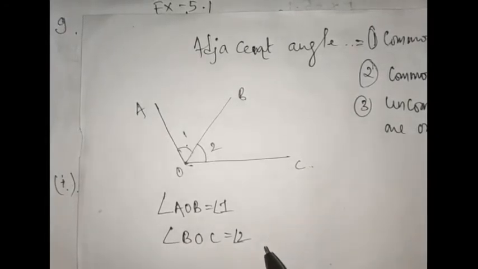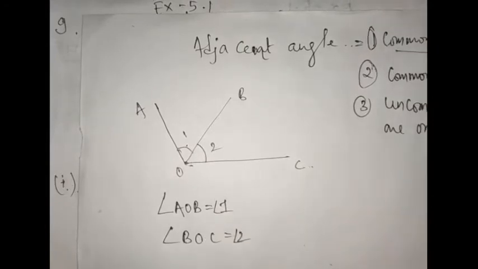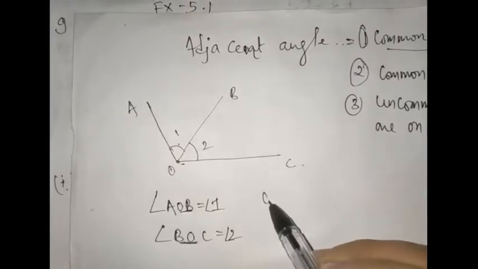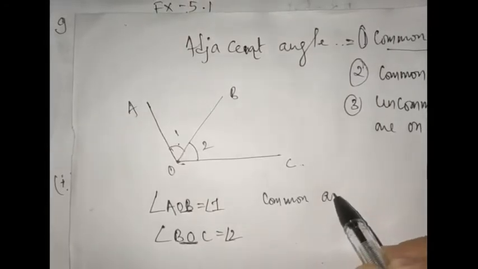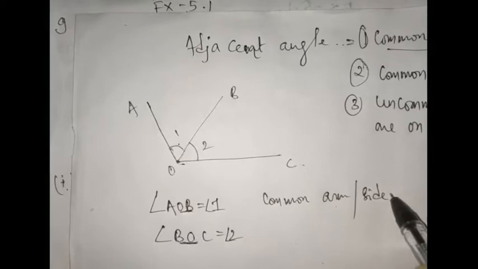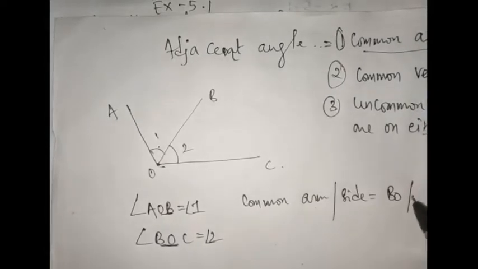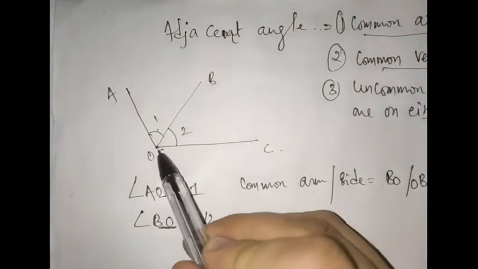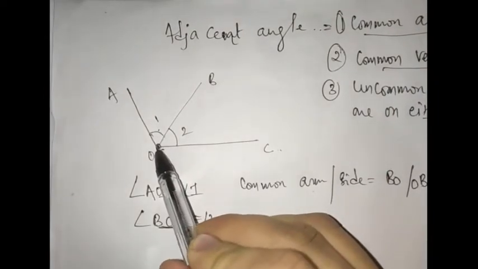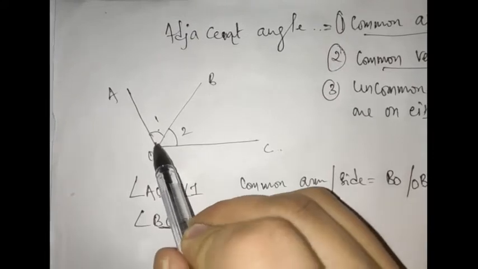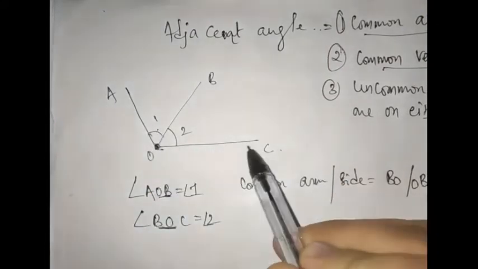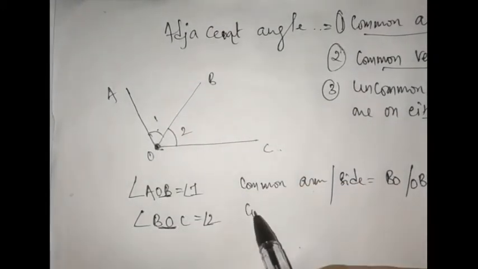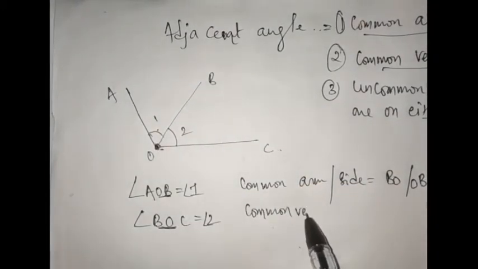Why? Because they have the common arm. The common arm or side is OB or BO. And they have a common vertex, they are originating from one point, that is O. AOB and BOC are all meeting at O, so this is your common vertex.